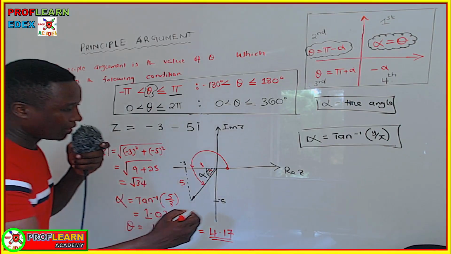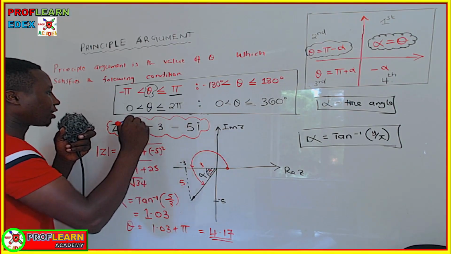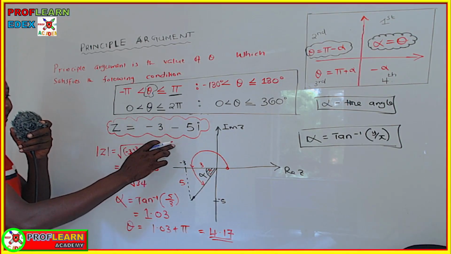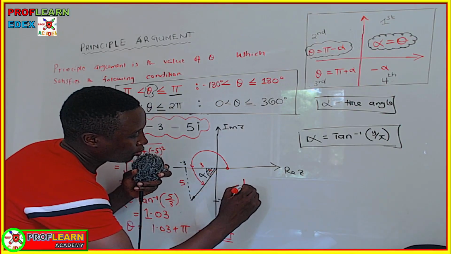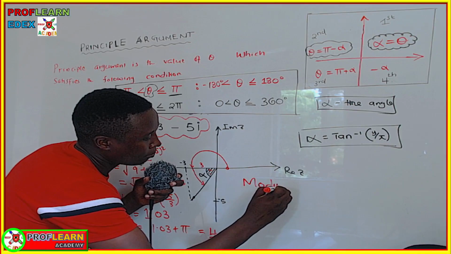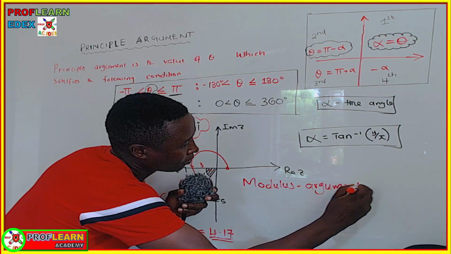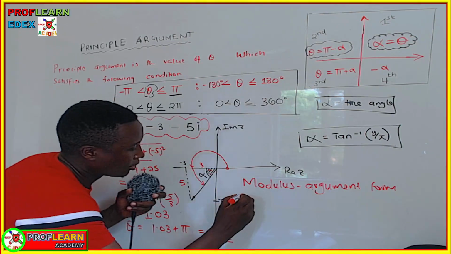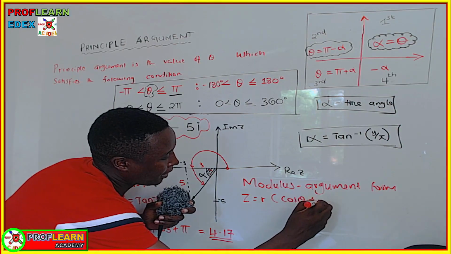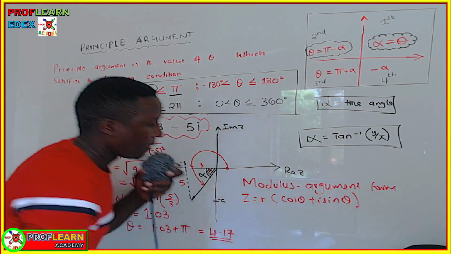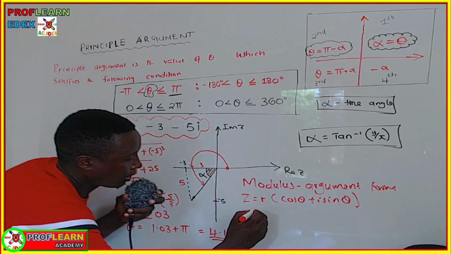Now, this was a number written in Cartesian form. If you are going to write it in modulus argument form, it is z equals r into cos theta plus i sin theta. Now r is the modulus, which is root 34.